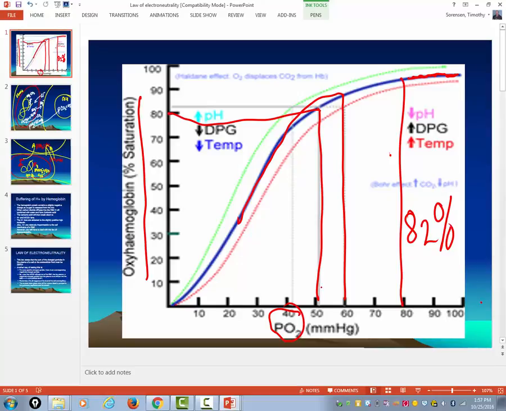And that means they're breathing the same air that you are. So their saturation should be up here. So something in their lungs is causing them not to get enough oxygen into the arterial blood. So it could be a pneumonia. It could be atelectasis, where the alveoli are collapsing.